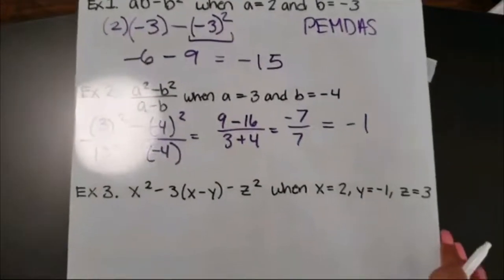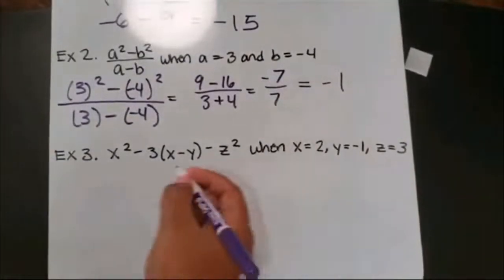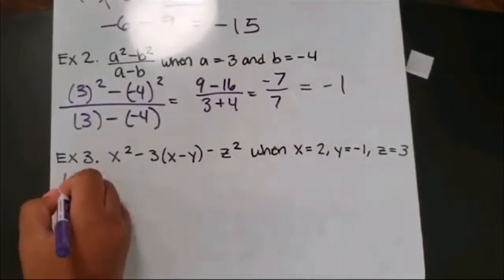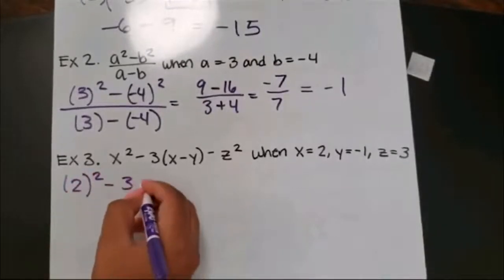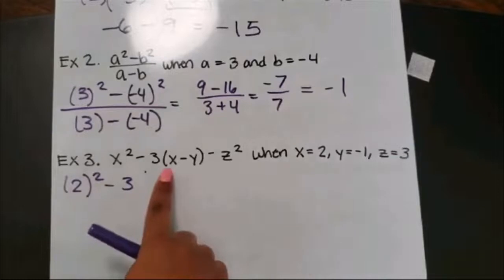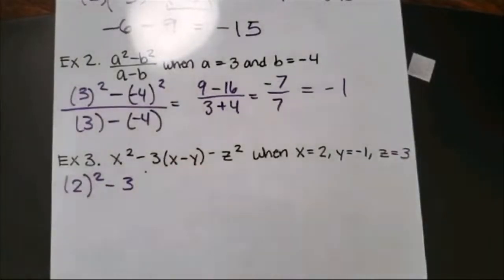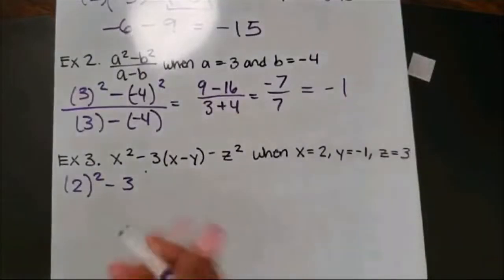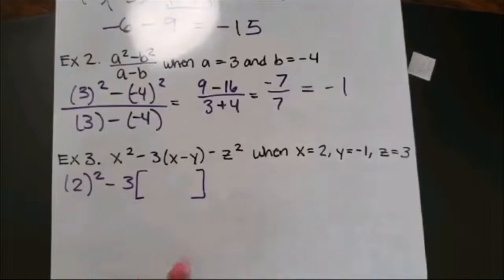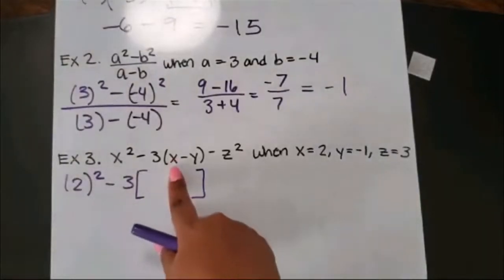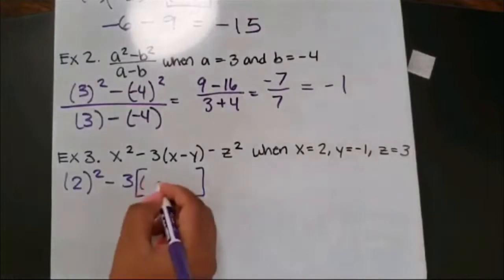Now let's look at example 3. For X, we're going to plug in 2. And here where we have parentheses, we want to change those parentheses into brackets. Then when we plug in the X and the Y, we're going to make those parentheses.